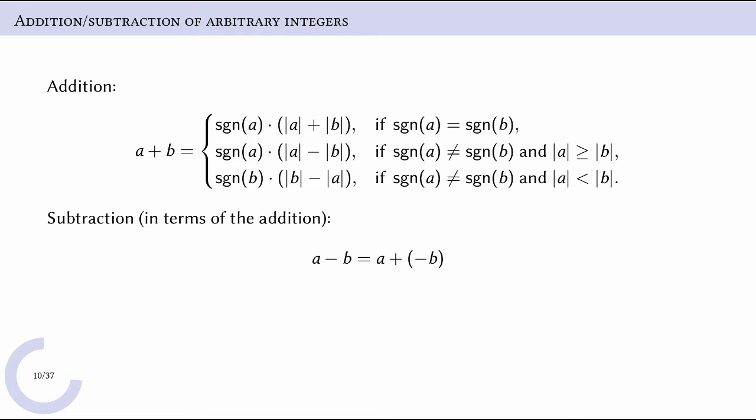If the signs differ, then we can always select the number which is greater, subtract the number with the smaller absolute value from the number with the greater absolute value, and use the sign of a. Once we have addition, we can define subtraction by just adding the opposite.